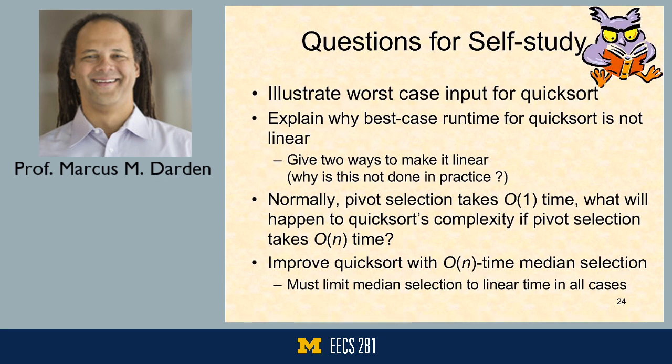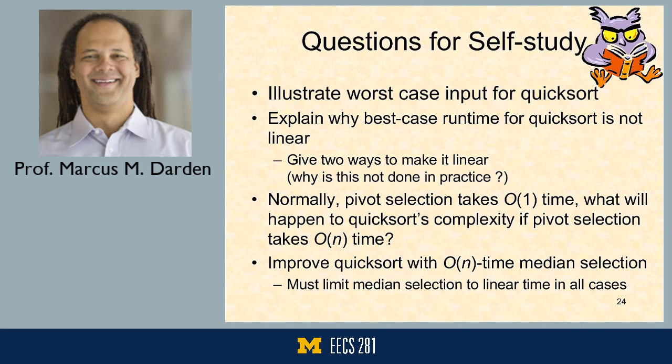Self-study here. These are the things that you can work on to make sure that you understand this lecture. We need to illustrate the worst case input for quicksort. Can you find that? There's more than one worst case. We looked at one. Look for some of those and figure out how many there are. Explain why best case is not linear.